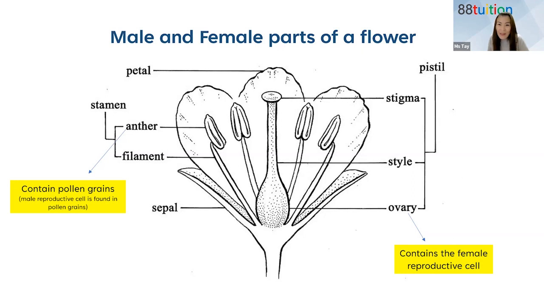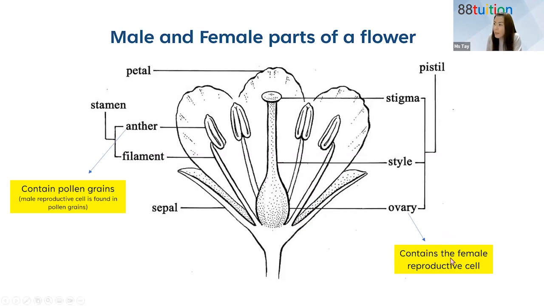But there are also plants that have only male flowers or only female flowers, and some with both male and female parts. This particular flower has both the male and the female parts, but some flowers only have the male, and some only have the female.